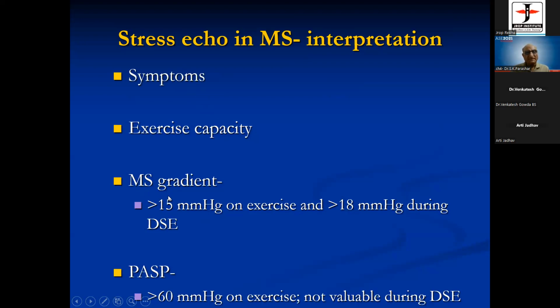The mean gradient should increase by more than 15 millimeters on exercise, or 18 during dobutamine, but we normally use exercise, not dobutamine. So if you have done a resting study, when the patient exercises, if he's very much symptomatic, that is the thing. And the pulmonary artery pressure usually goes more than 55 to 60. So mainly we see mean gradients and the PA pressure.